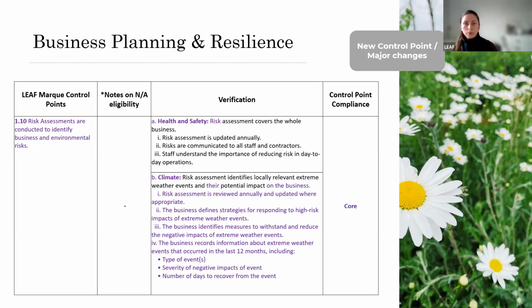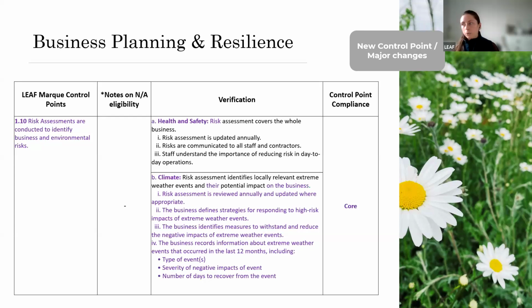So we'll start with 1.10b, which is about conducting a climate risk assessment. This control point is in version 16.1, but we have tried to reword it for better clarity.